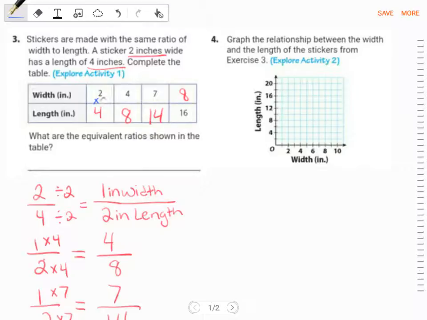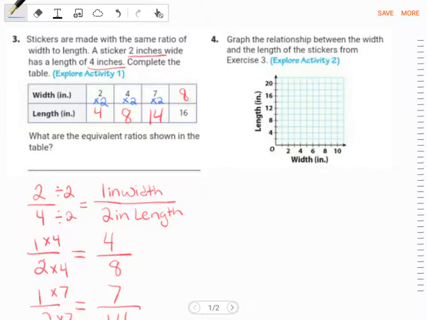Well, you multiplied by 2. 2 times 2 would have given you 4. Guys, it's going to be the same. You're going to multiply by the exact same thing for each one of these. So we're saying 4 times 2 will give us our answer down here, 8. 7 times 2 will give your answer down here, which was 14.